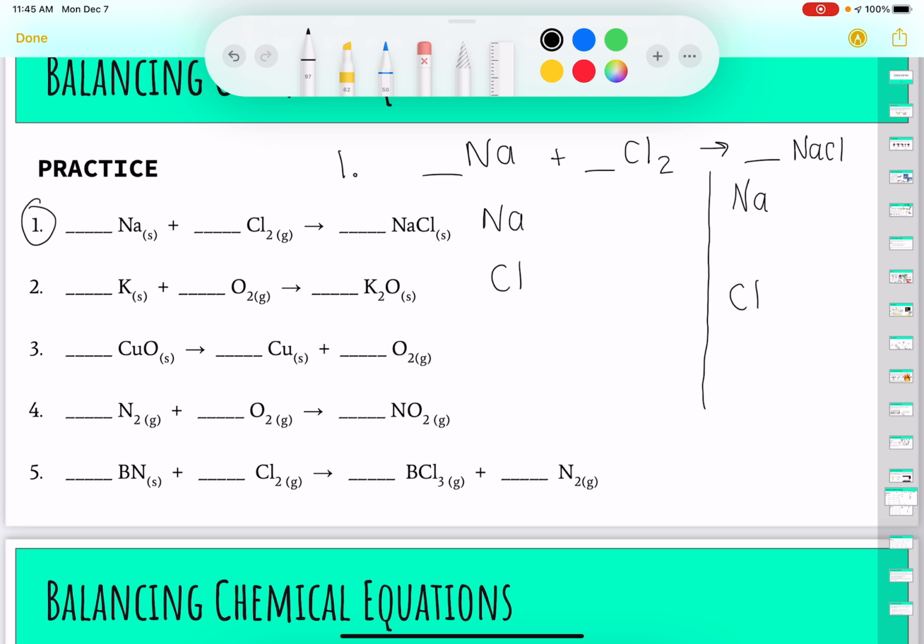Something else to note is that if you have Na and Cl on the left, you should have Na and Cl on the right. If for some reason I had NaCl and H or something, well, there's something wrong because the products and the reactants should be the same elements. And I like to write them on the same level, like Na across and Cl across, just so that it's easier to see this as we're doing it.